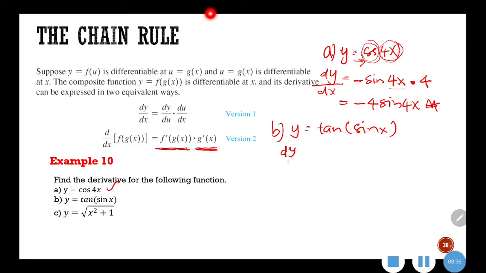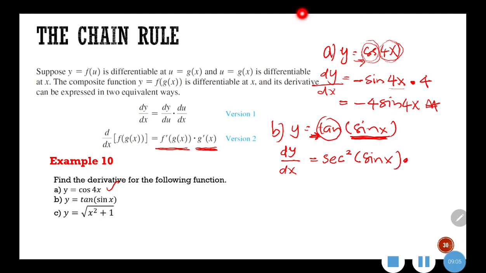So, sekarang ni, dy over dx is equals to, first function you nampak apa? Tangent. So differentiate tangent, you will get what? Mula-mula tak ingat, boleh refer to the table. Differentiate tangent is secant square. Whatever inside here, you just copy, sin x.